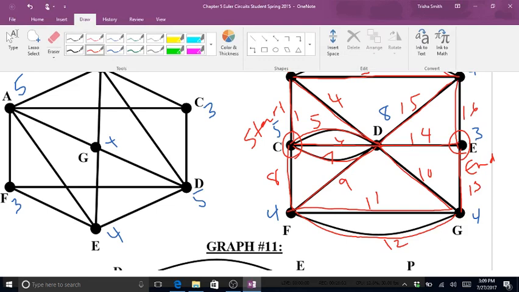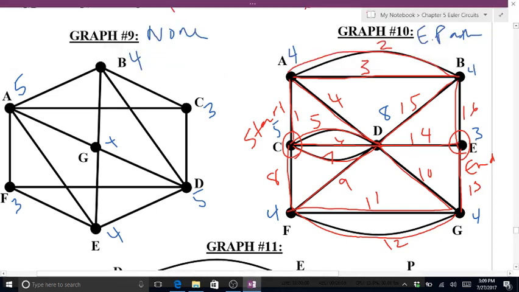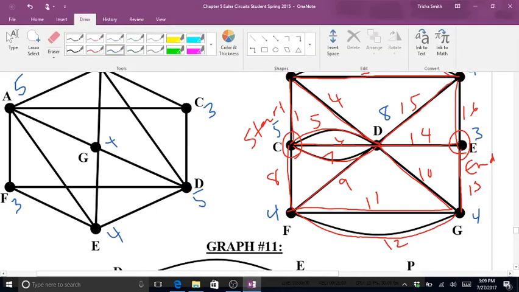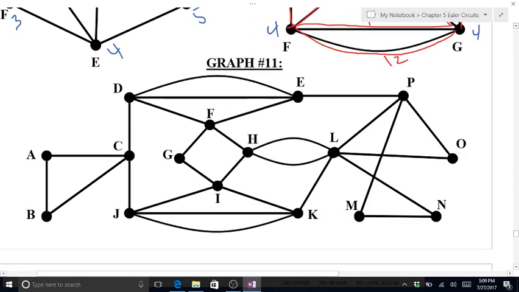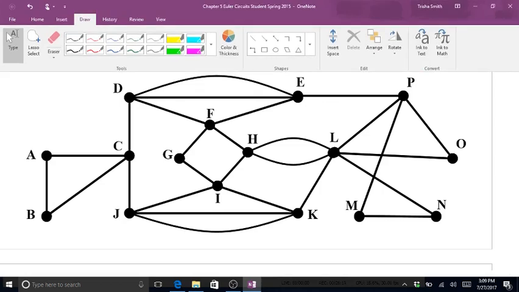One more example for this lesson today. Graph 11. Whew, this one looks like a doozy.